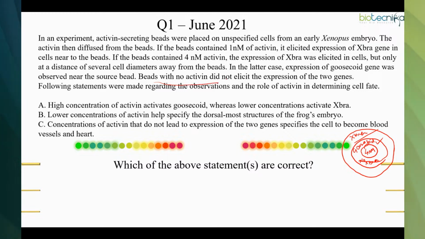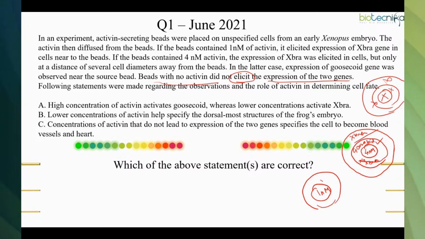Beads with no activin did not elicit the expression of either of the two genes. So if you take nothing in the beads, then no XBRA, no goosecoid, either away or closer to the bead. And the first case was where you took 1 nanomolar. So near to the beads, you saw XBRA, but no goosecoid.